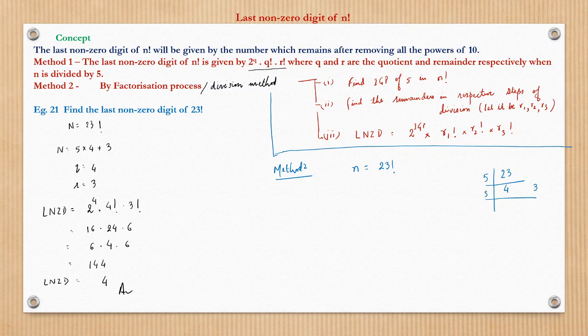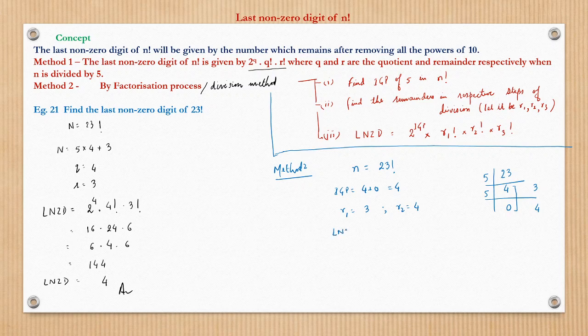Then again we divide 4 by 5. 5 will divide 4 0 times, and the remainder is 4. So what is IGP? IGP is given by these quotients: 4 plus 0, which is 4. R1 is equal to 3 and R2 is equal to 4.